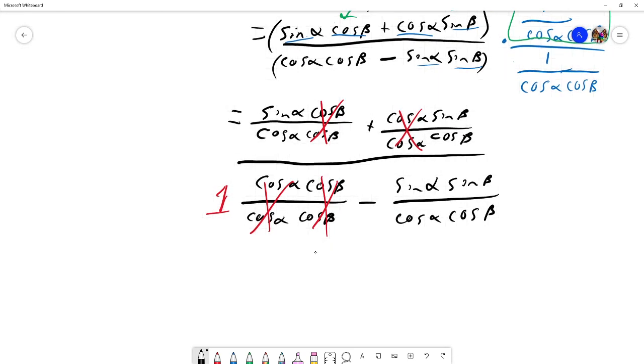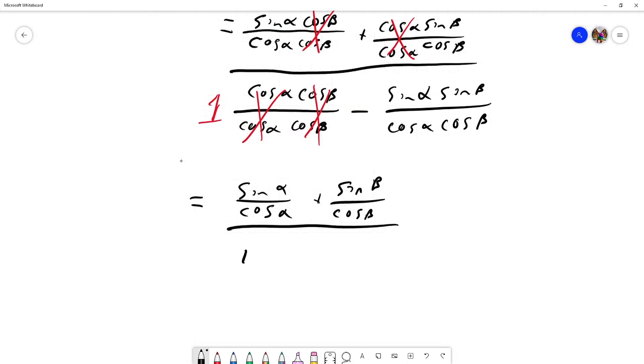So when we look at this now, let's just rewrite it. So we have sine alpha over cosine alpha plus sine beta over cosine beta divided by 1 minus, and now I'm going to write it this way, sine alpha over cosine alpha times sine beta over cosine beta. Alright, and that's of course being multiplied. So each of these quantities now is a sine divided by cosine, and they have the same variable.